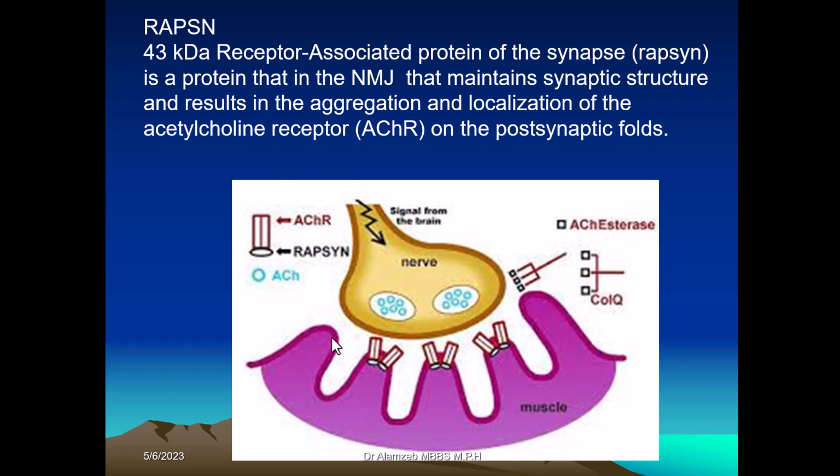This protein is responsible for the maintenance of the synaptic cleft and also for the aggregation of the acetylcholine receptors on the membrane. It does the repair work of the synaptic cleft and aggregation of the acetylcholine sensitive channels.